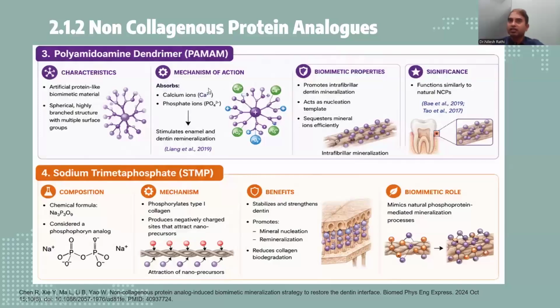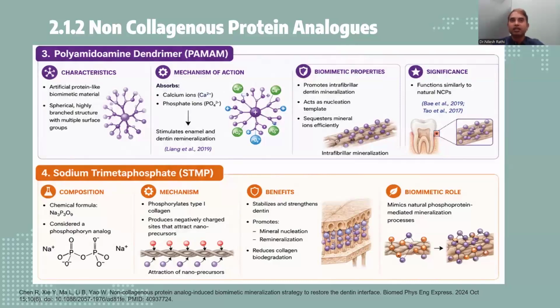When the polyamidoamine attaches to the collagen bundle of dentin along with calcium and phosphate, the mineralization occurs, and this kind of mineralization has better results. A similar material that works on the bottom-to-top mechanism, that is repairing the organic and then causing deposition of inorganic substance, is sodium trimetaphosphate.